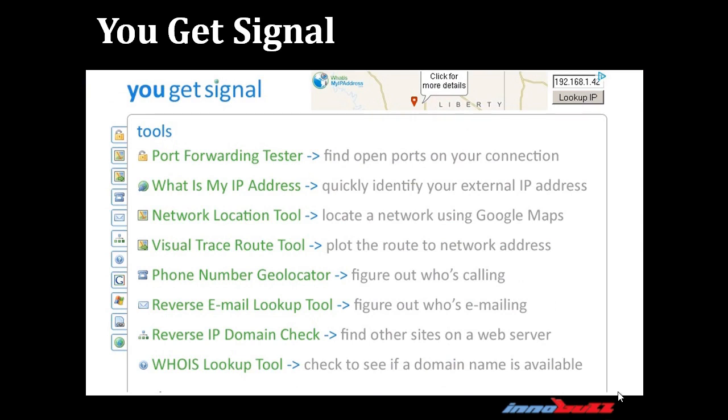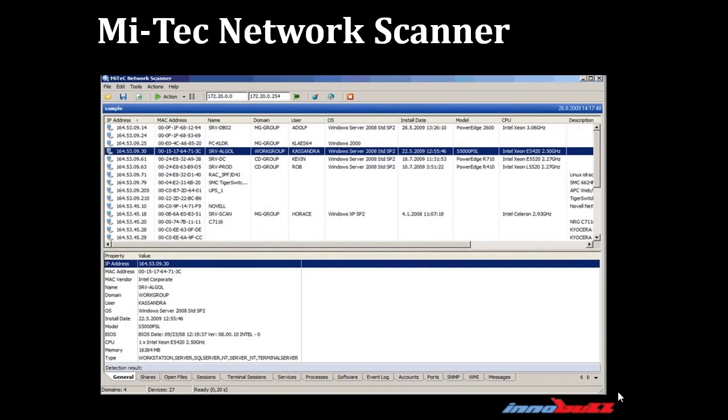By using ugetsignal, you can find out the IP address of the domain, port information, visual traceroute details, and reverse IP domain check. There is one more tool named MiTeC Network Scanner, which is used for scanning the network and provides details of open ports, IP addresses, MAC addresses, domain name of the machine, etc.